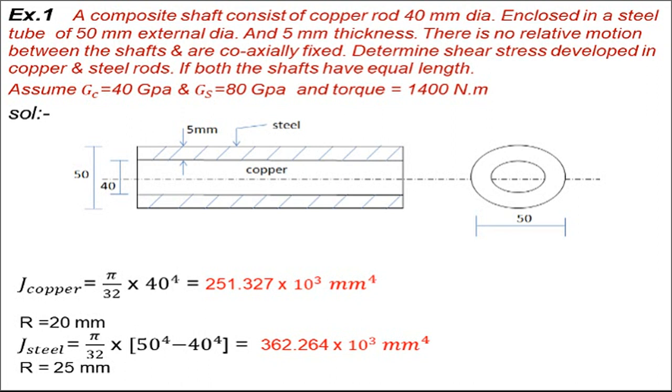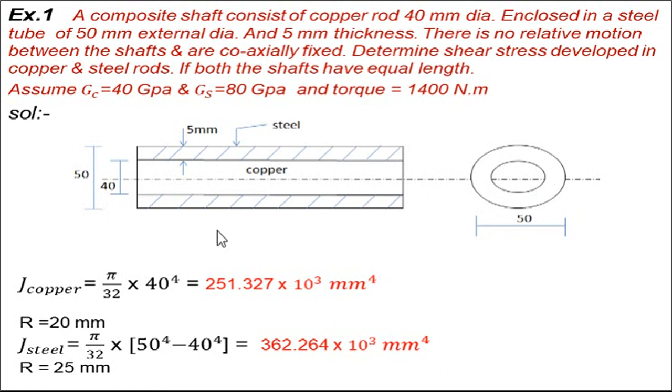For simplicity, I have shown a figure here, and you can easily see that the inner shaft is made of copper, 40 mm diameter, and the outer shaft is a steel tube of 50 mm diameter, with a thickness of 5 mm. The outer material is steel and the inner material is copper. This is a longitudinal section, and this is a transverse circular section of the composite shaft.